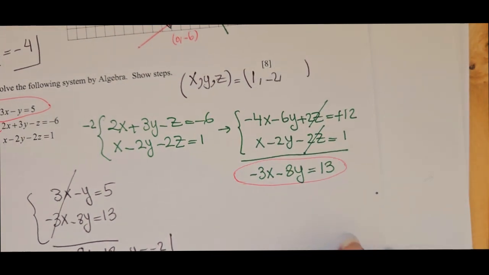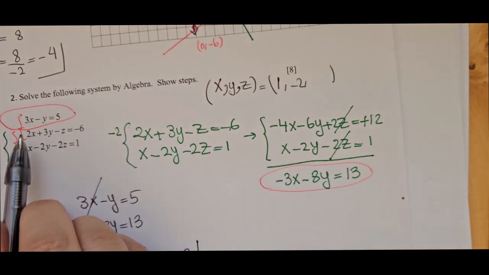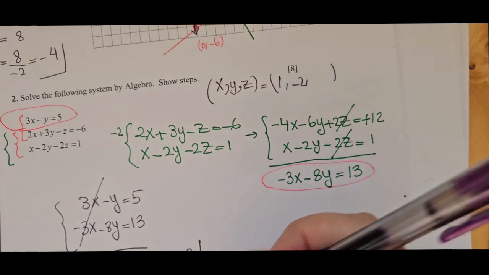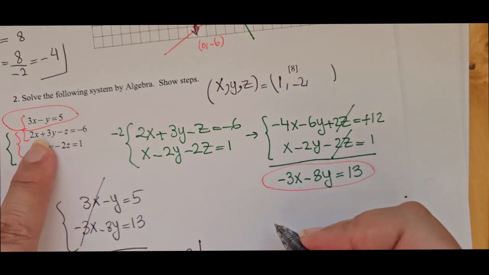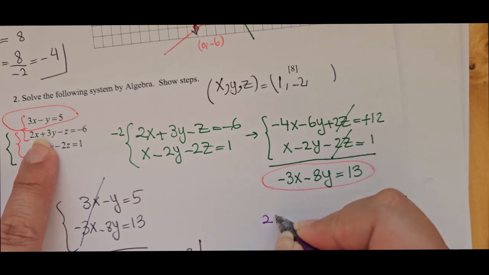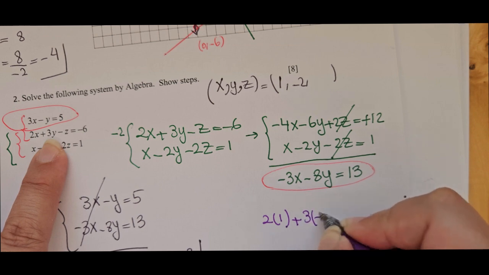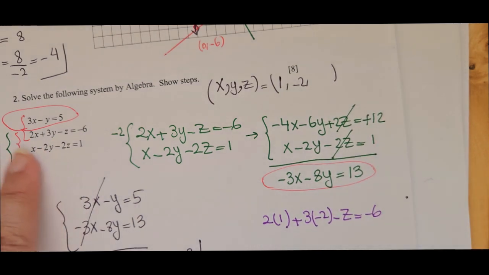Now I have to find the value of z. I can consider the second equation. I'm going to use a different color again, purple this time, and I'm going to use the second equation. So 2 times x, 2 times 1, plus 3 times y, minus z must be equal to negative 6, right?